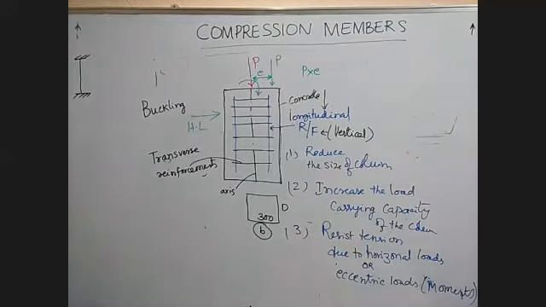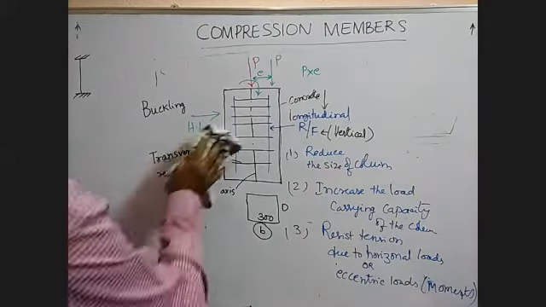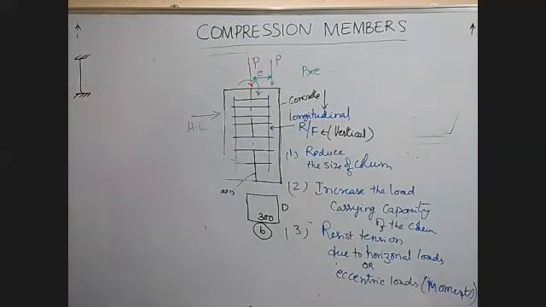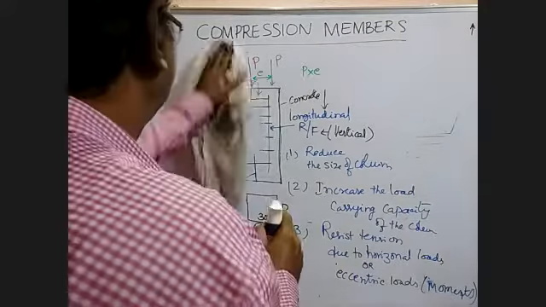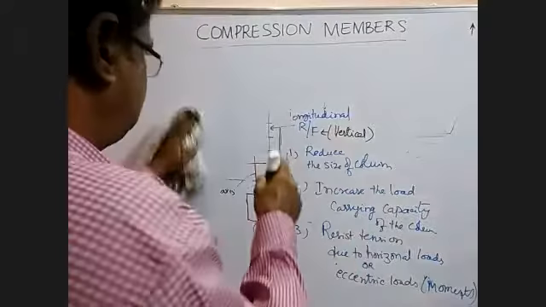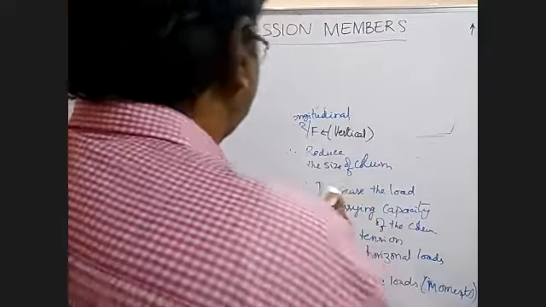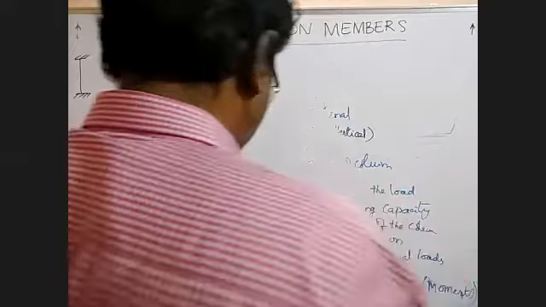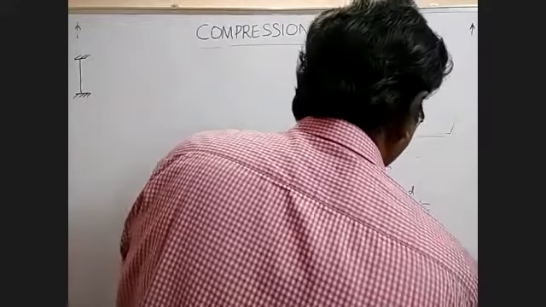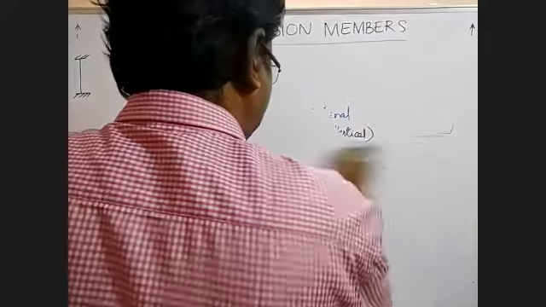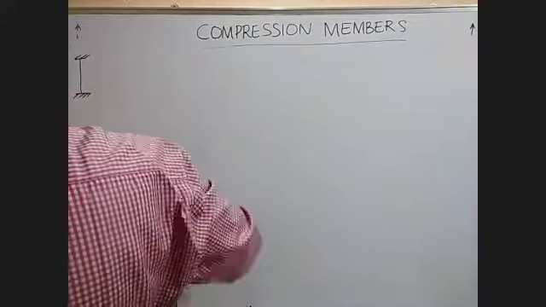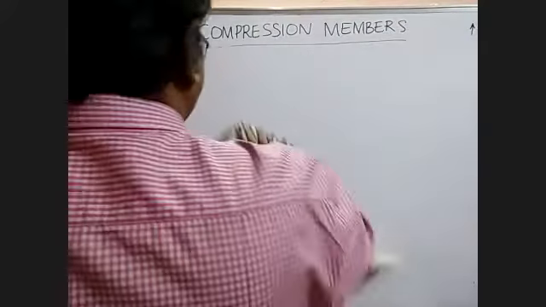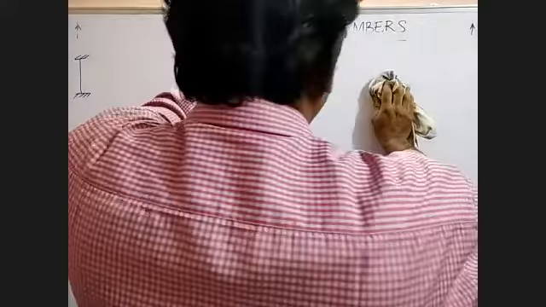Okay. Now this is the small theory regarding the compression member. Now you will see the different types of compression members. The column has longitudinal reinforcement, that is vertical reinforcement, and horizontal reinforcement, that is transverse reinforcement.